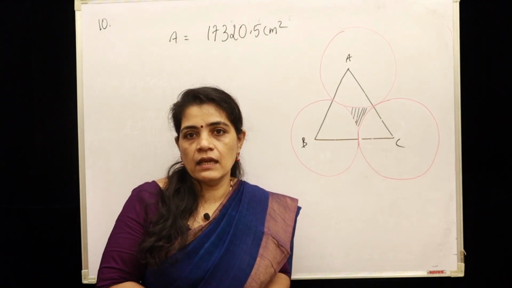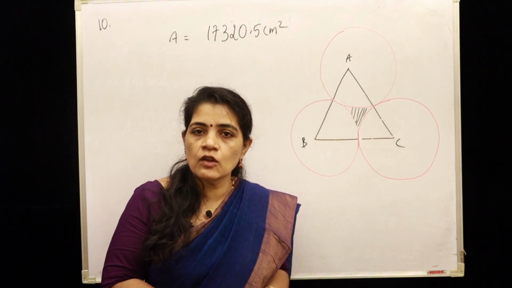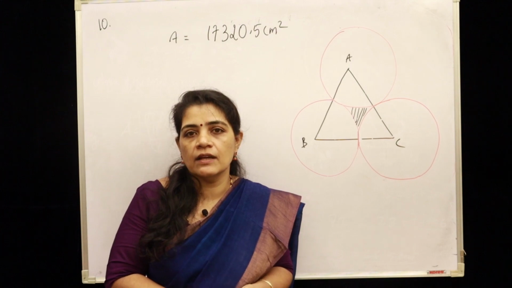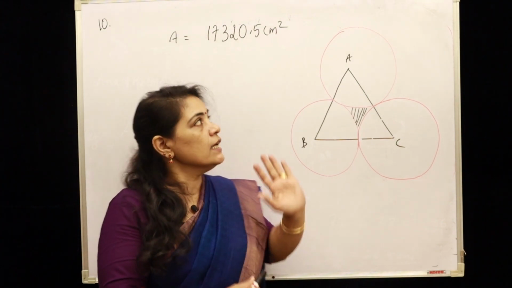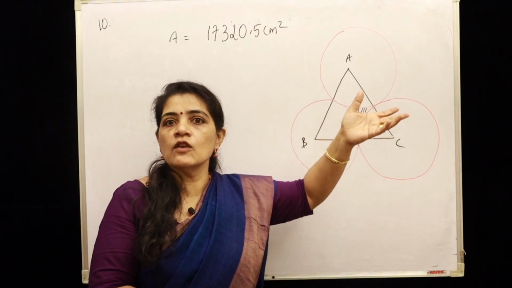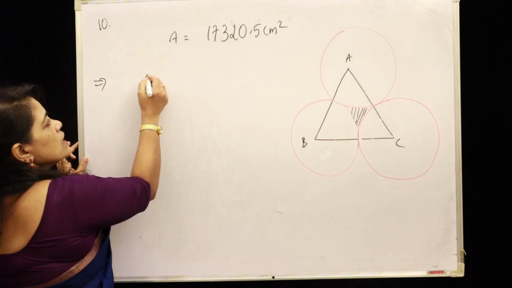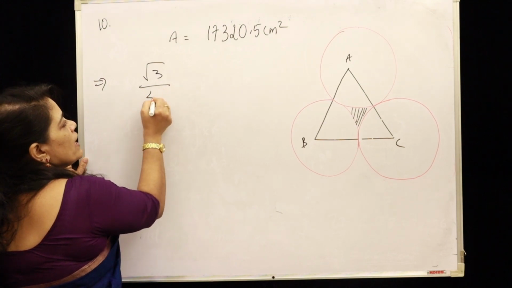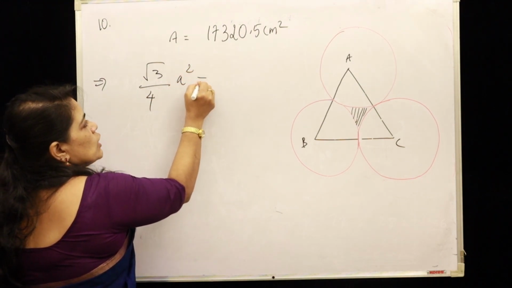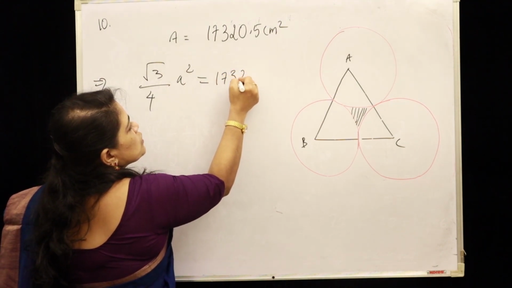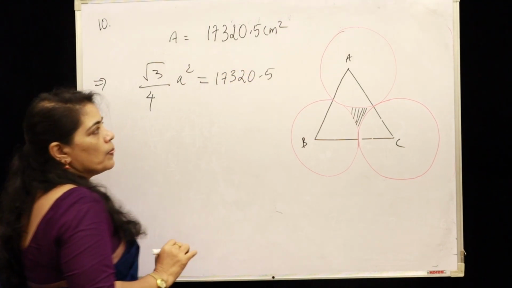For that we have been given the area, and by formula, what is the area of an equilateral triangle? Root 3 by 4 a square. So in the first step we equate the given area with its original formula. That means the area of the equilateral triangle, root 3 by 4 a square, is equated to the given area 17,320.5.